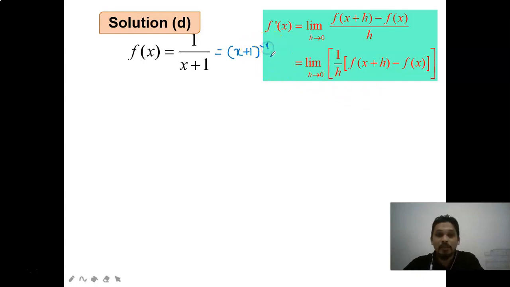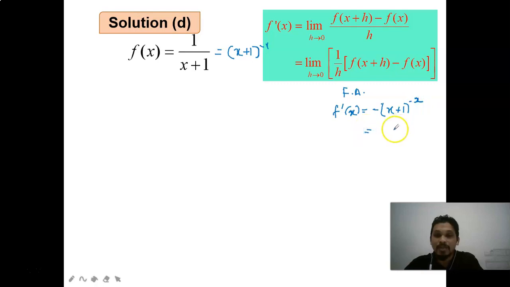x plus 1 to the power of negative 1. So then we keep this again as a reference. The final answer, f prime x equals negative 1 multiplied with x plus 1 to the power of negative 1 minus 1, which is negative 2.